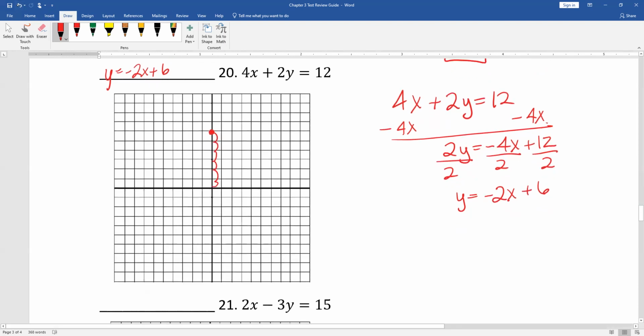You go down 2 into the right one, or we can go up 2, but we have to go to the left one. All right. And so now we have our slope. That is correct. All right, that's it. We'll finish more of this tomorrow.